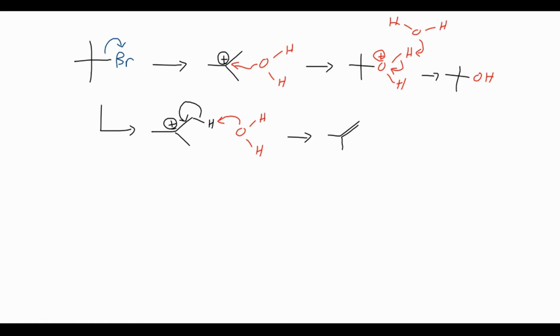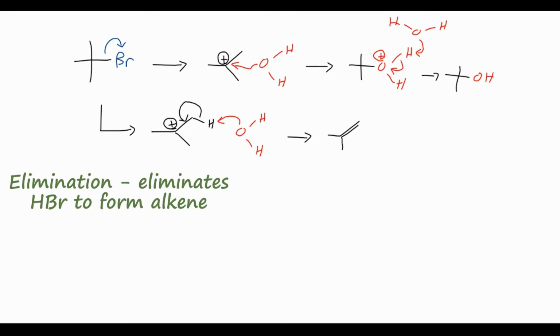And this second mechanism is called an elimination, because we have eliminated the bromine and one hydrogen from our haloalkane. Specifically, it's called an E1 reaction.